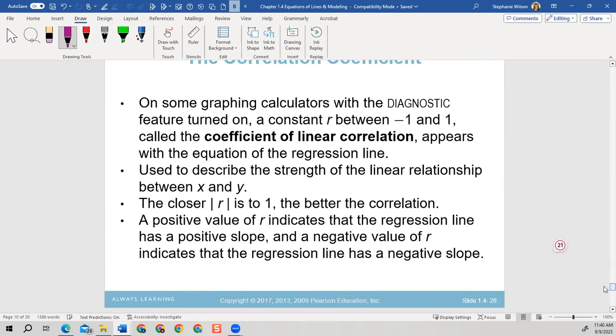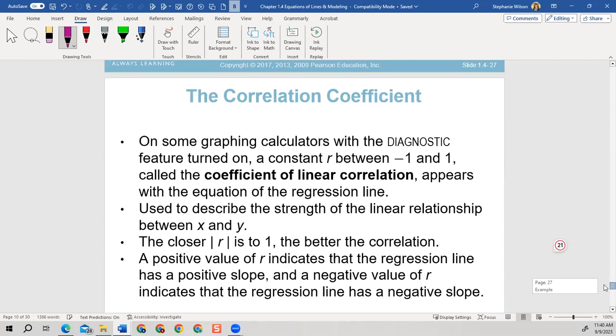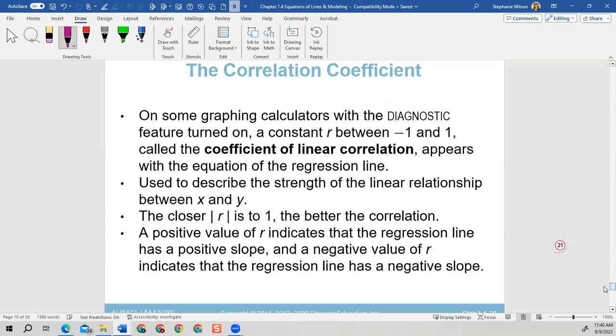practice on that. This one here, the correlation coefficient. On some graphing calculators with the diagnostic feature turned on, a constant R between -1 and 1, called the coefficient of linear correlation, appears with the equation of the regression line, used to describe the strength of the linear relationship between x and y.